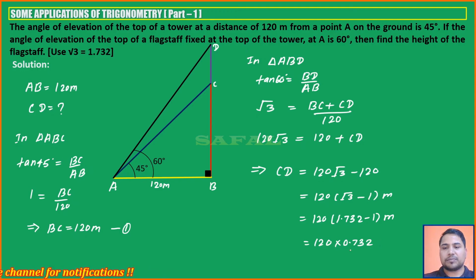So we can multiply. 12 2s are 24, so 4, carry 2, and 12 3s are 36. 36 plus 2 is 38, carry 3. 12 7s are 84, and 84 plus 3 is 87. And the decimal, we need to put it after 2 places, 3 places, but 1 zero is there, so that's why 2 places.